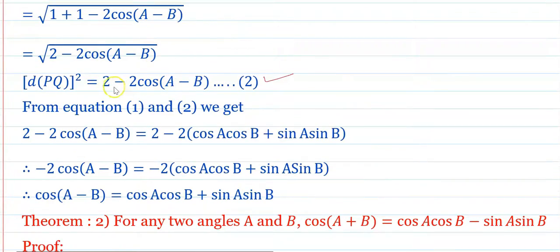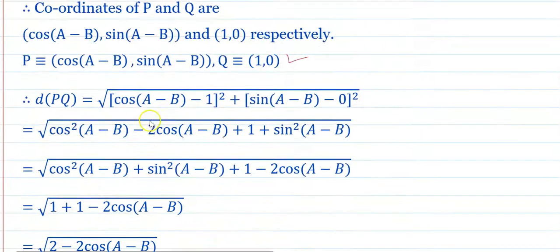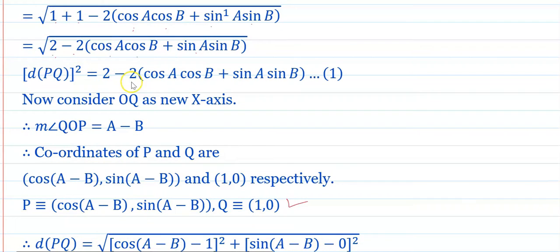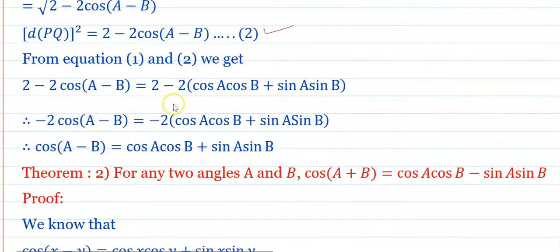And therefore, you have 2 minus 2 cos of A minus B, and another is 2 minus 2 in bracket cos A into cos B plus sin A into sin B. ओके, आता या दोन्ही साईडचे काय, इथे 2 इथे कट होणार, हा -2 आणि -2 इथला देखील एक कट होणार, and hence you will get cos of A minus B is equal to cos A into cos B plus sin A into sin B. हा सगळ्यात इम्पॉर्टंट फॉर्म्युला आहे आणि यावरनं सर्व ट्रिग्नॉमेट्रीचे फॉर्म्युले जनरेट झाले.